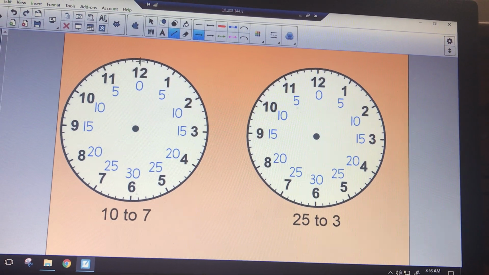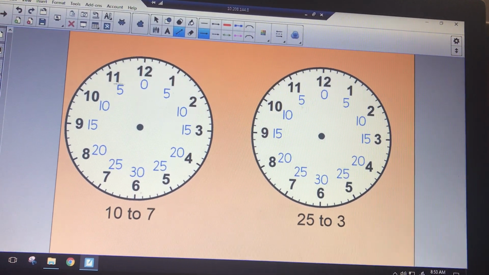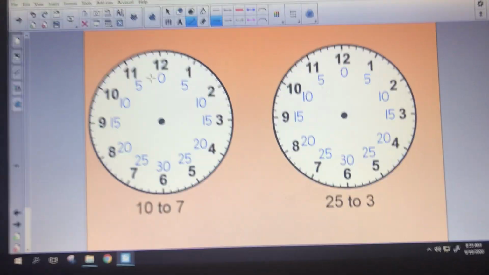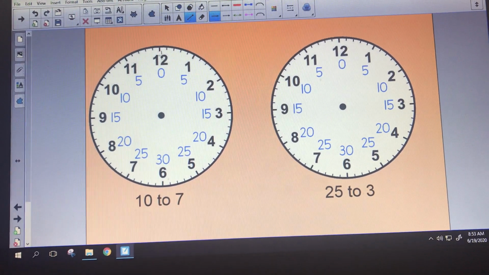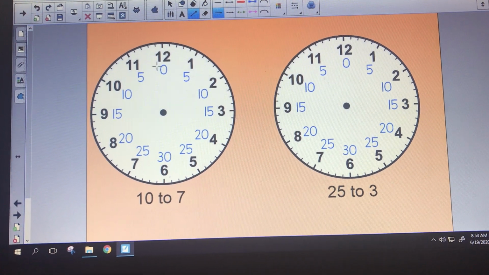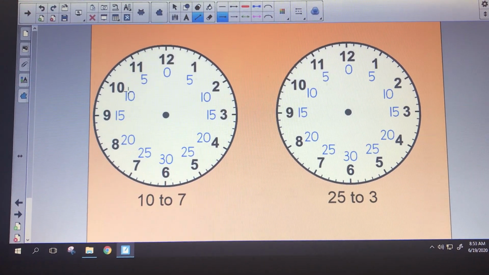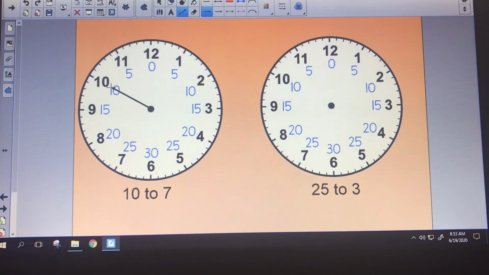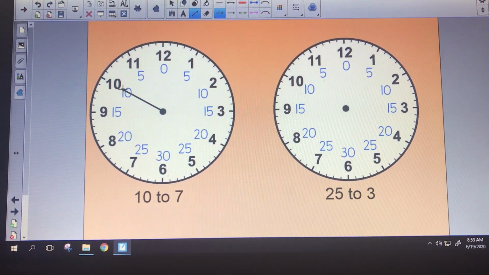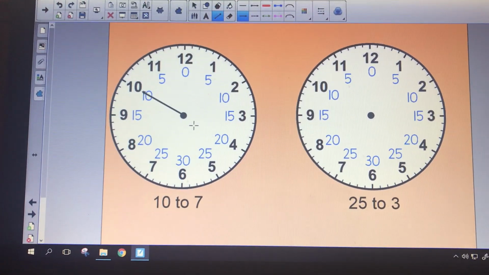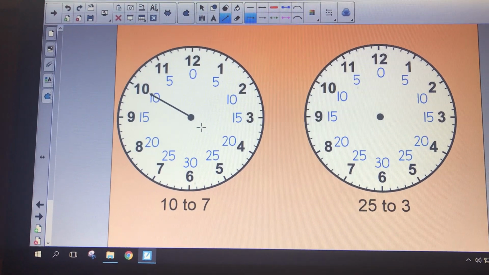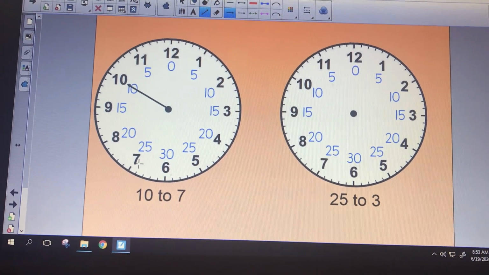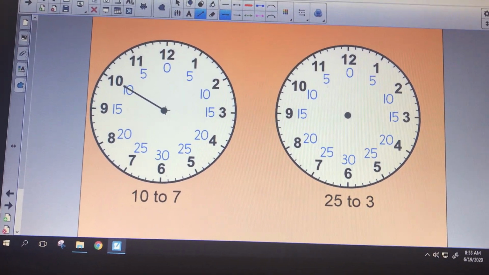We need to now remember to go backwards on the left hand side of the clock because we are going to the next hour, and I can see I'm going to go backwards in my 5 times table. 5, 10, 10 minutes to. The next hour is at the 10. So my minute hand, my long hand is going to point to 10 because it's 10 minutes to. And the hour we are coming up to is the hour of 7 o'clock.